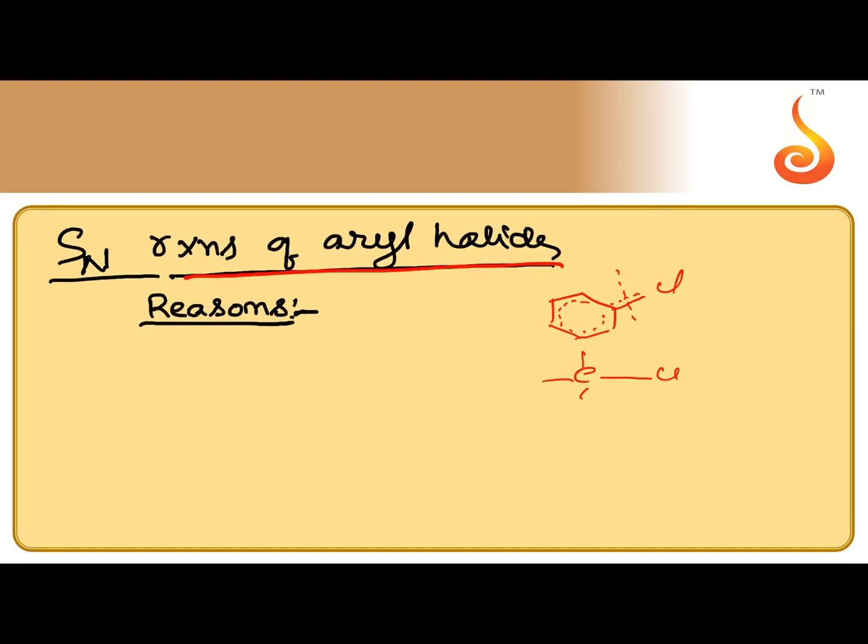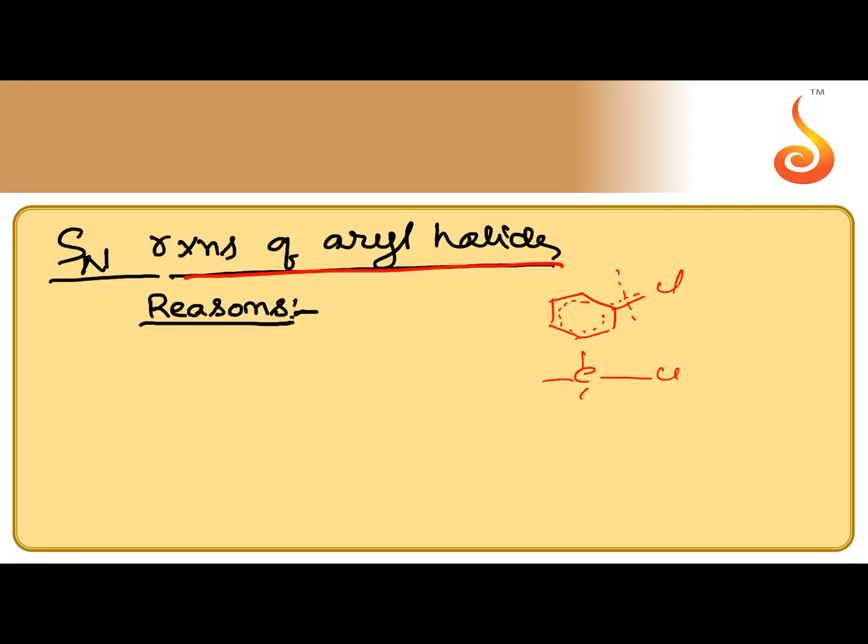Second one, the polarity of the C-X bond is less in aryl halides, since the more electronegative sp2 carbon is making a bond with chlorine. After that, if you remove Cl minus as in the SN1 mechanism, the phenyl carbocation formed is highly unstable. So because of these reasons, aryl halides do not undergo SN reactions as easily as alkyl halides.